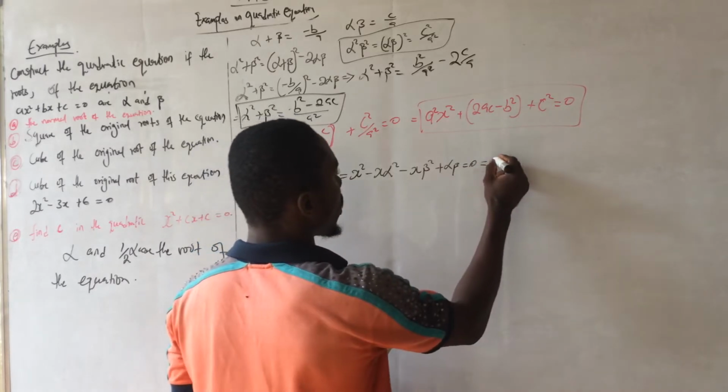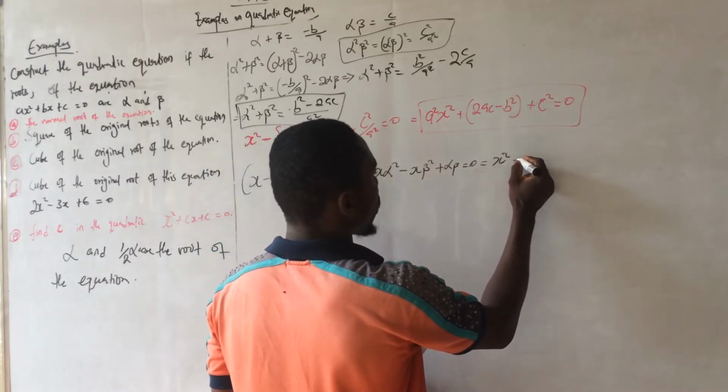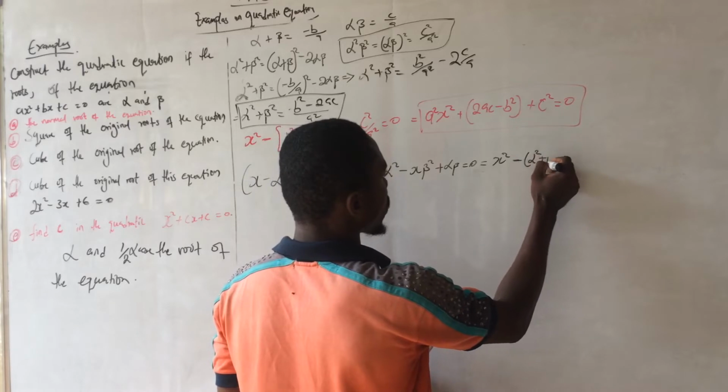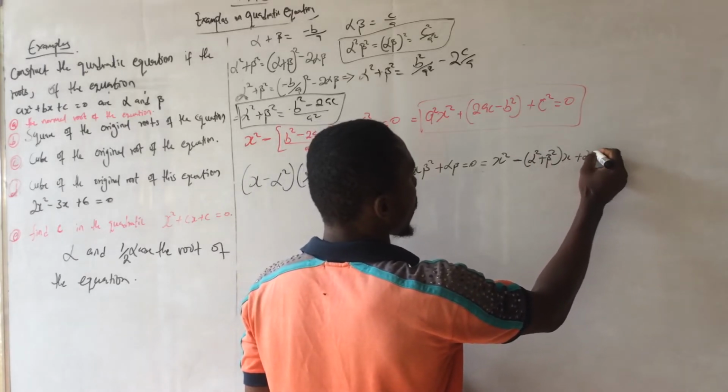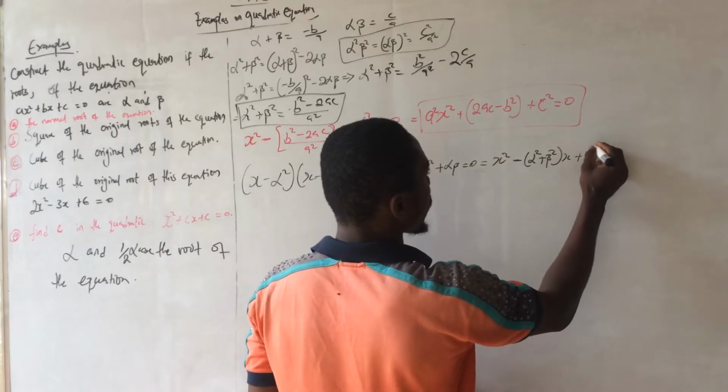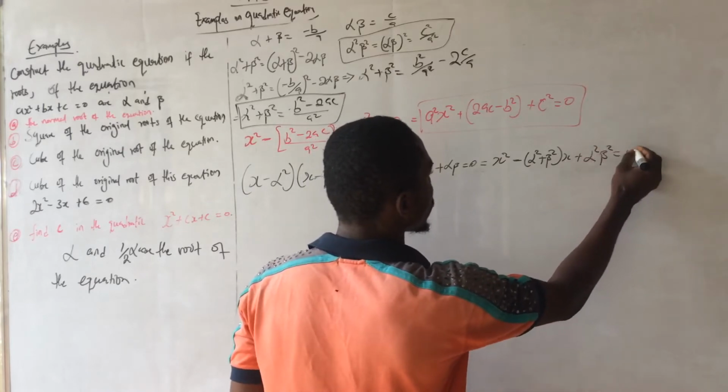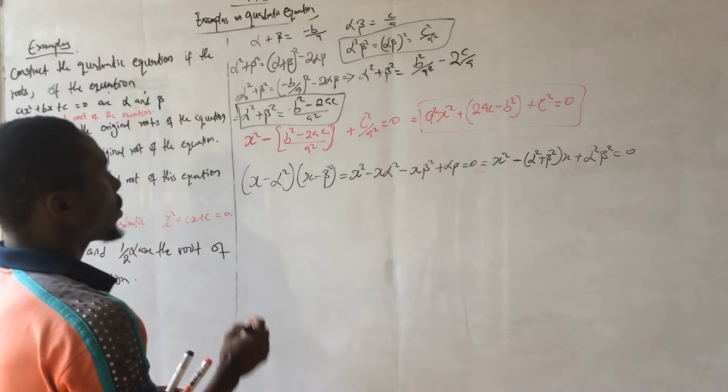And furthermore we have x squared minus (alpha squared plus beta squared) x plus alpha squared beta squared equal to 0.